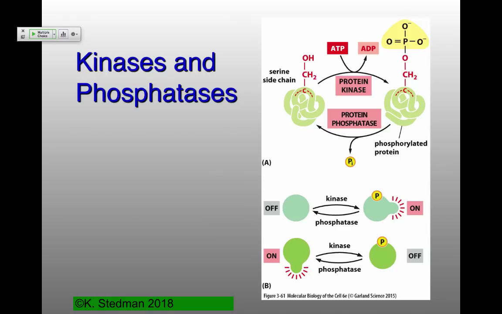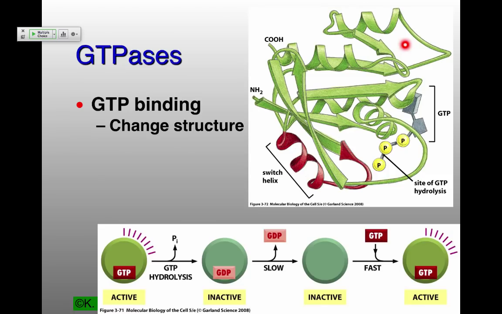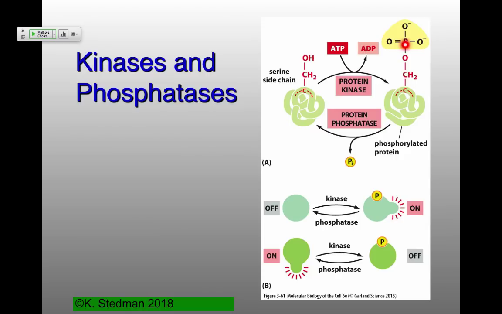So here, serine, threonine, and tyrosine get phosphorylated, and that phosphate group gets removed by the activity of a phosphatase. This change, the addition or the removal of a phosphate, can either activate your protein, which is what's shown here at the top, or it can inactivate the protein.